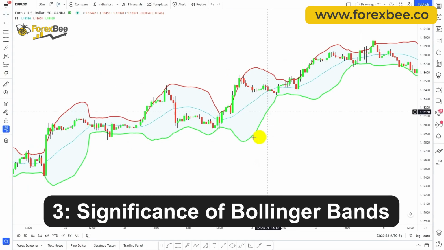After applying the Bollinger Bands indicator and giving it the inputs that we want, it's going to plot 3 lines.